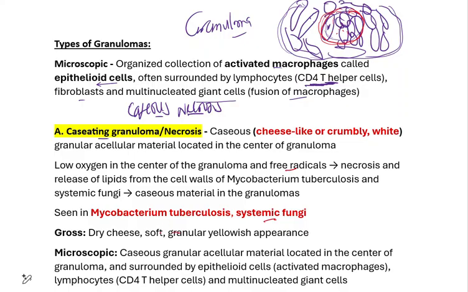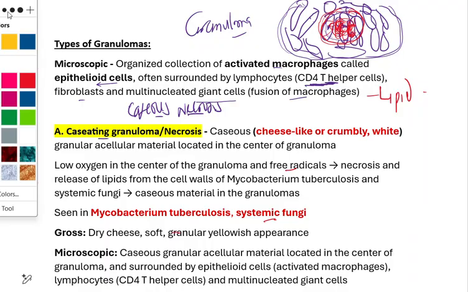The cell membrane of Mycobacterium tuberculosis is very rich in what? Lipid, right? The same thing with the systemic fungi, also rich in lipid. As you are breaking them down, that's going to form a caseous or cyst-like appearance, and that's where the name comes from, the caseating granuloma.